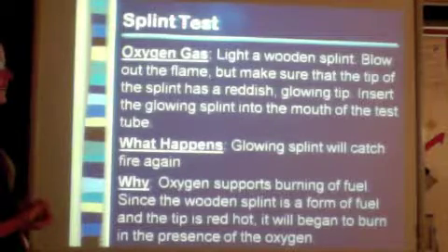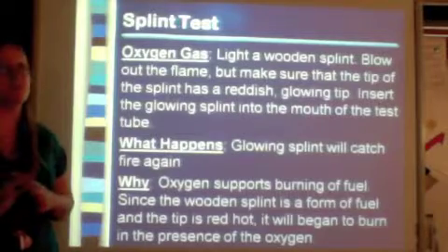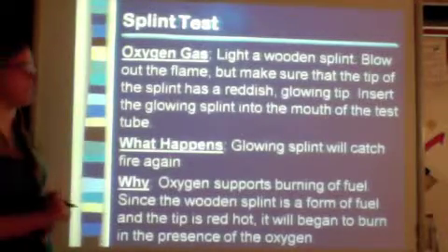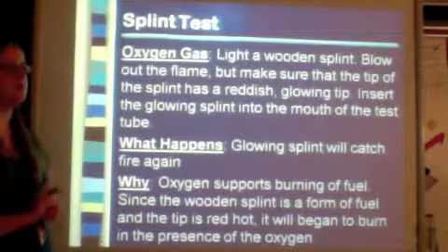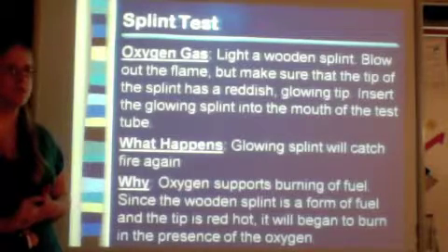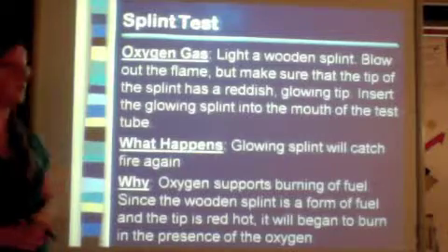Now, the next few slides are splint tests. So when you have a fire, and I'm going to do these in class, so you'll get a sample of what happens here. When you do a splint test, it means you're taking some sort of wood stick and putting it into whatever gas has been formed and figuring out what gas has been there.